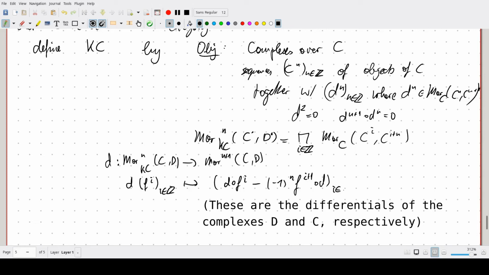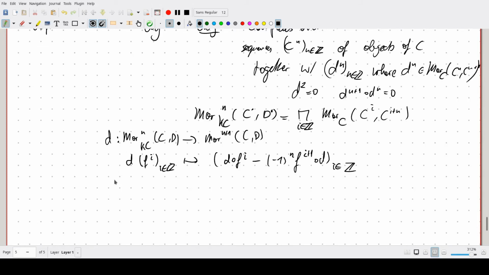And all of that again indexed by the integer i. And one can again prove that d squared is equal to 0, just because, well, the signs sort of work out in the end, and because the d's on either side square to 0.